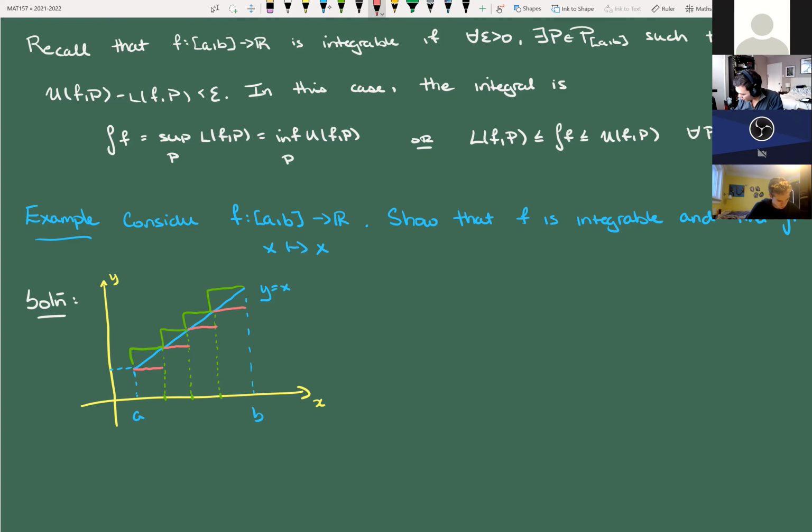Okay, this is going to be a little bit hard to draw without the graph getting too busy. But if you look at this rectangle right here, notice that this red rectangle is the exact same size as the green rectangle to the left beside it, right? Because I said the partitions all have the same width. The upper sum on the interval on the left has its maximum at the right endpoint.